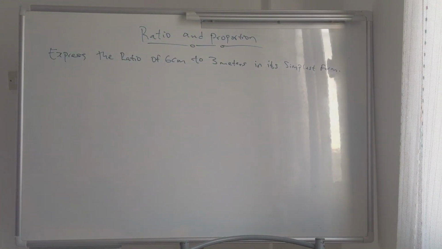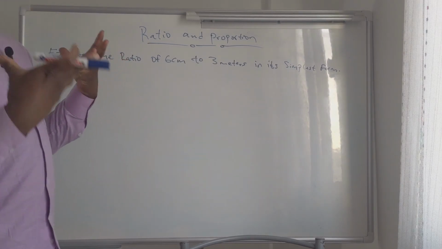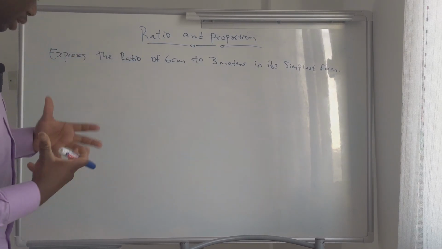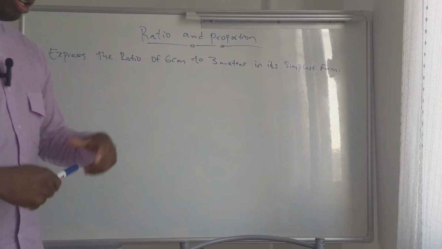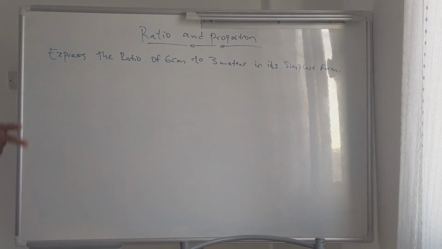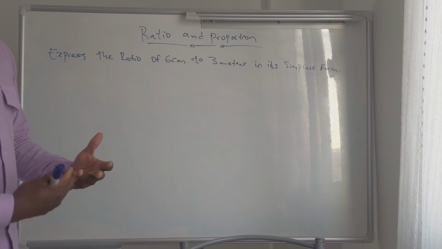As I said earlier, you must make sure that both objects they are comparing have similar quantities. So in this case we're having centimeters and meters. So the first thing we have to do is convert meters to centimeters, or convert the centimeters to meters, any which way.